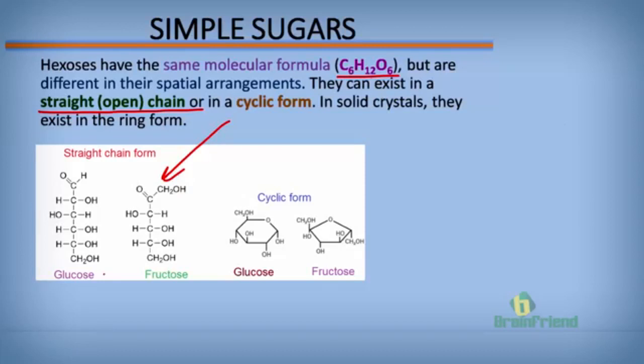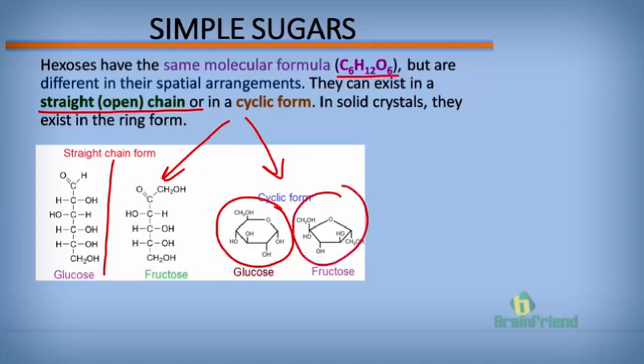They can always be written in this form, and they can exist in this form. While also they can exist in the cyclic form or in a ring form, as you can see here. This is glucose in the cyclic form, and here is glucose in the straight chain form. This is fructose in the cyclic form, and we also have fructose existing in the straight chain form.